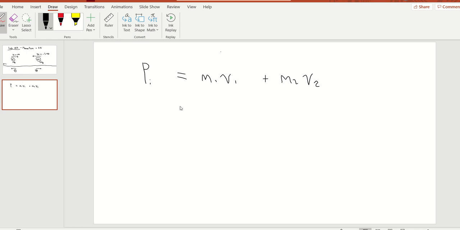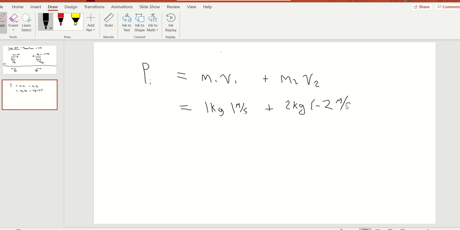So that would be equal to M1 is 1 kilogram times V1, which is 1 meter per second, plus M2, which is 2 kilograms, times V2, which is equal to minus 2 meters per second.